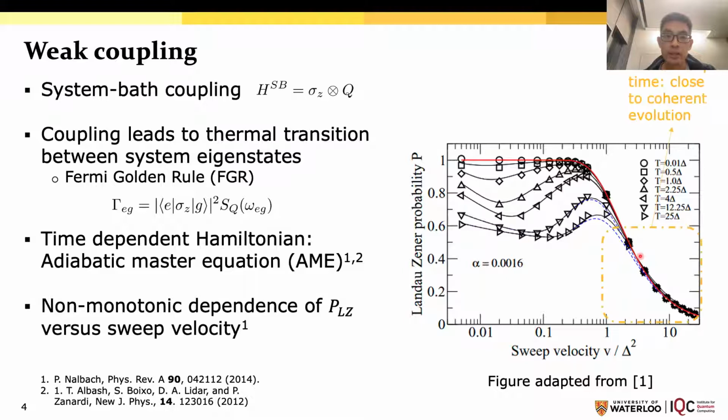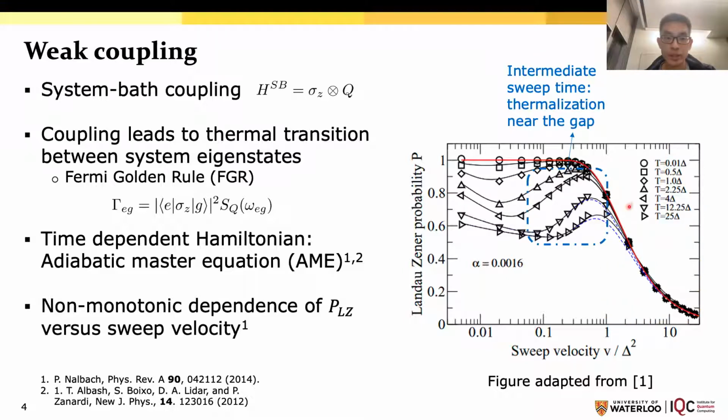And in the intermediate sweep time regime, we see that the transition probability tends to go to 0.5, which corresponds to the system thermalizing across the minimum gap, and the thermal state near the minimum gap is close to 0.5.